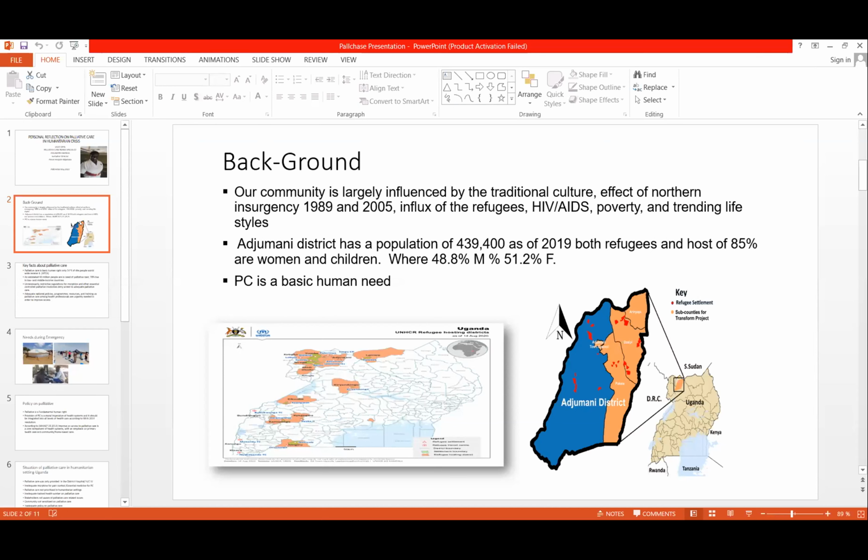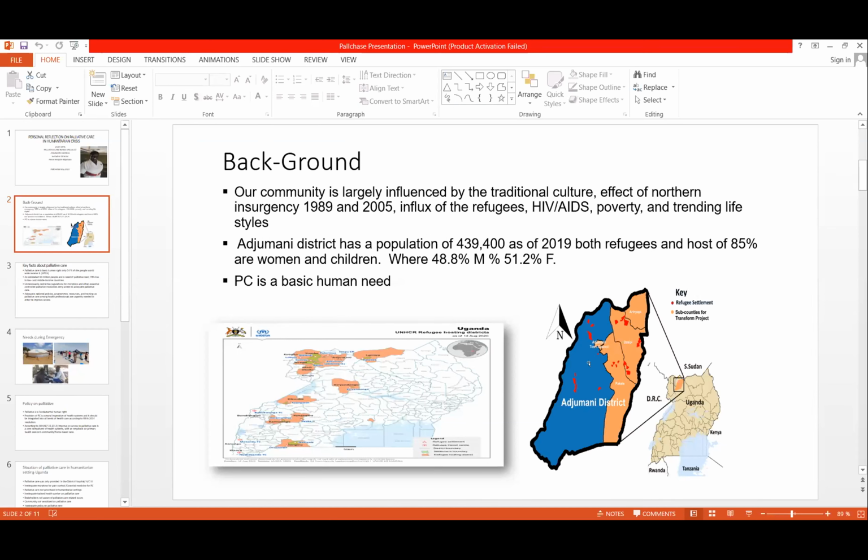As many of us have said, like Dr. Zipra and Dr. Esther Nafula have just mentioned, palliative care is a human right. If you don't get it, then you're inflicting pain on human beings, inclusive of the refugee. You can see the map of Adjumani.